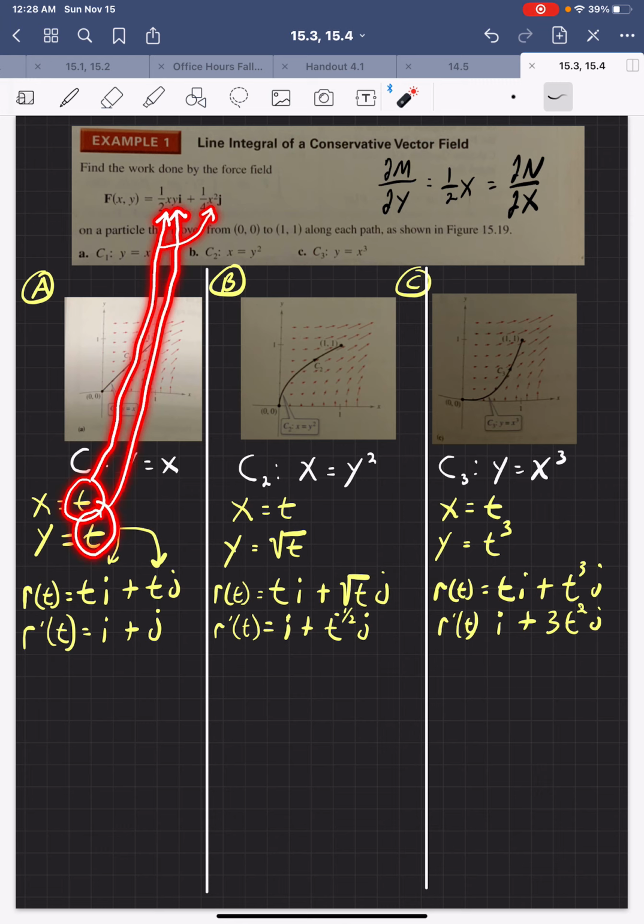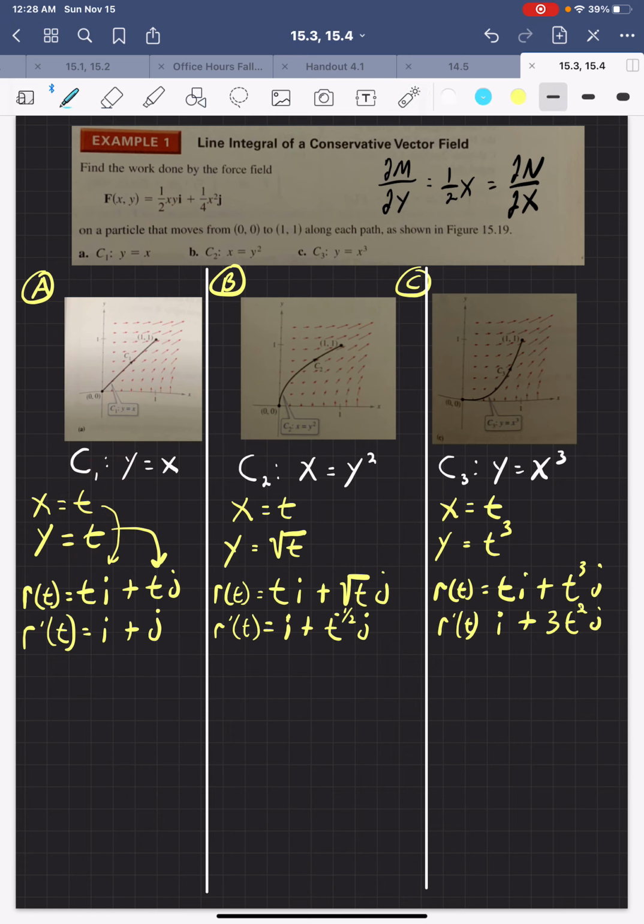We need to substitute, and I'm going to do that right now. I'm going to start with just a because we're going to move to the next page. So F in that case would be 1/2 t times t in the i direction plus 1/4 t squared in the j direction.